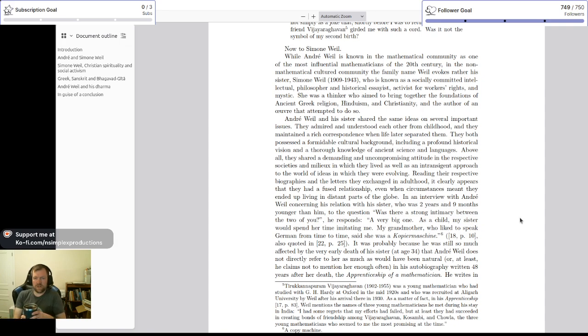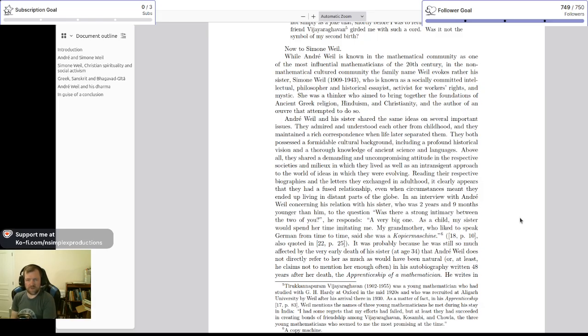Above all, they shared a demanding and uncompromising attitude in the societies and milieu in which they lived, as well as an intransigent approach to the world of ideas in which they were evolving. Reading their respective biographies and the letters they exchanged in adulthood, it clearly appears that they had a fused relationship, even when circumstances meant they ended up living in distant parts of the globe.